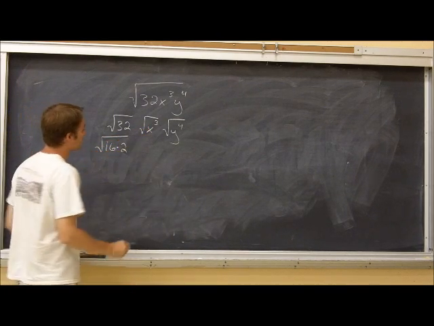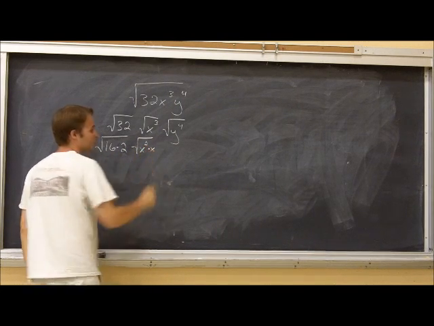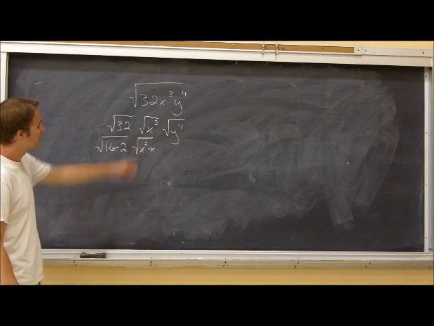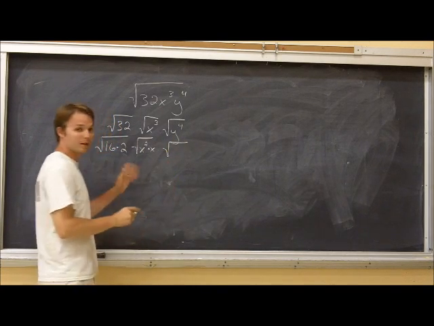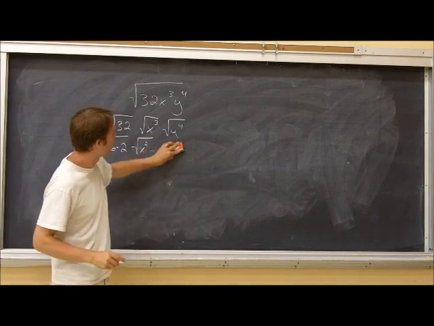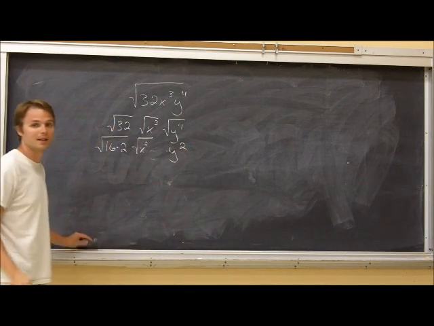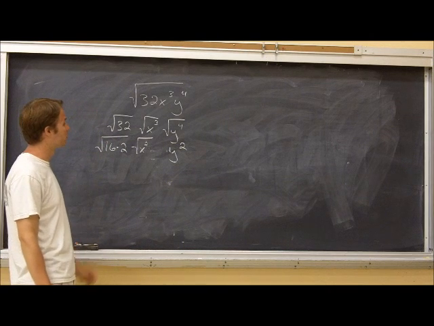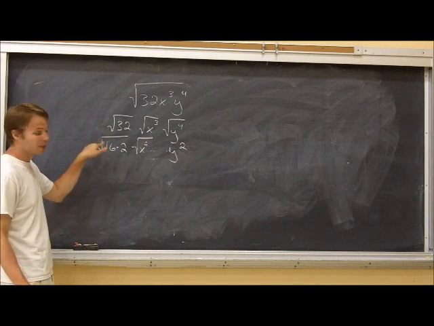In the square root of x cubed, I could split this up into the square root of x squared times x. And here I don't even need to split, because I know the square root of y to the 4th is just going to be y squared, since y squared times y squared gives me y to the 4th.